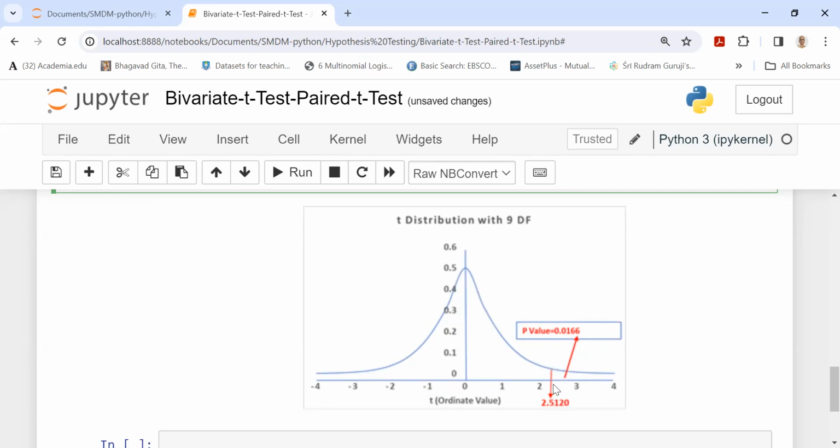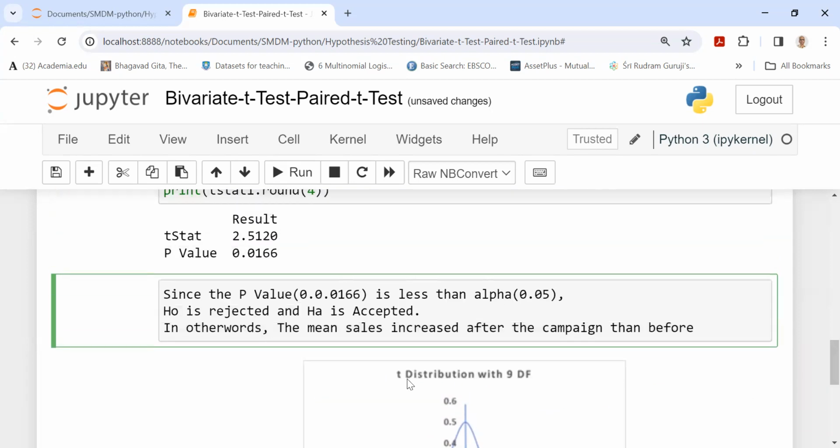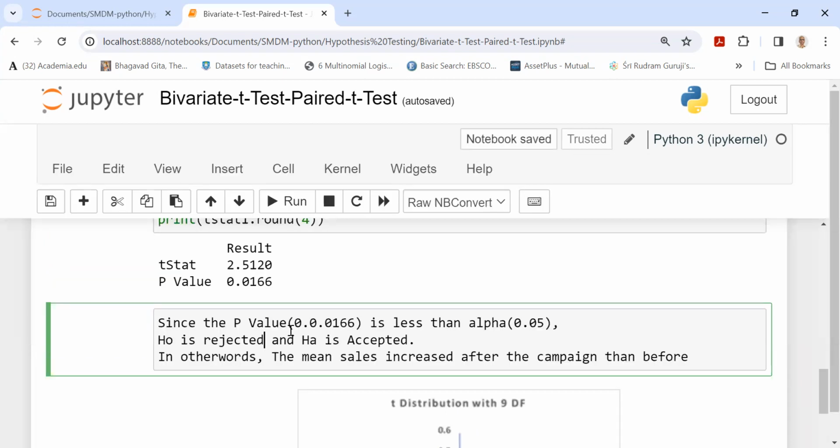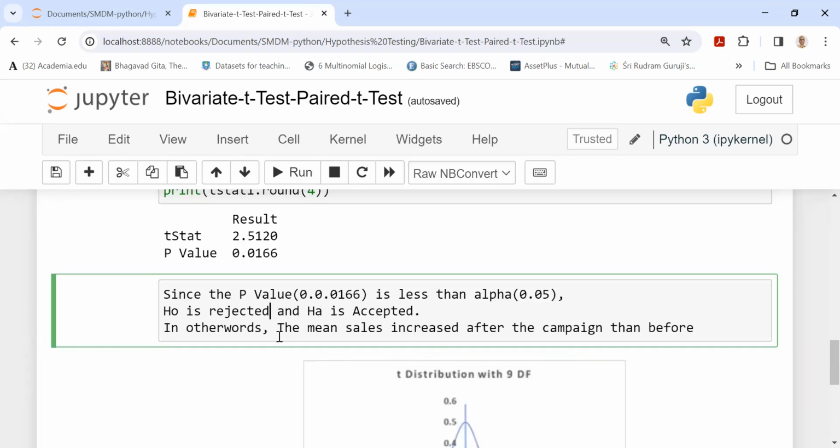The p-value is probability t greater than 2.5120, which is equal to 0.0166, and therefore we have concluded the null hypothesis is rejected, the alternative is accepted, and we conclude the campaign has been effective because the mean sales increase is statistically significant, and hence we conclude the campaign was indeed effective.